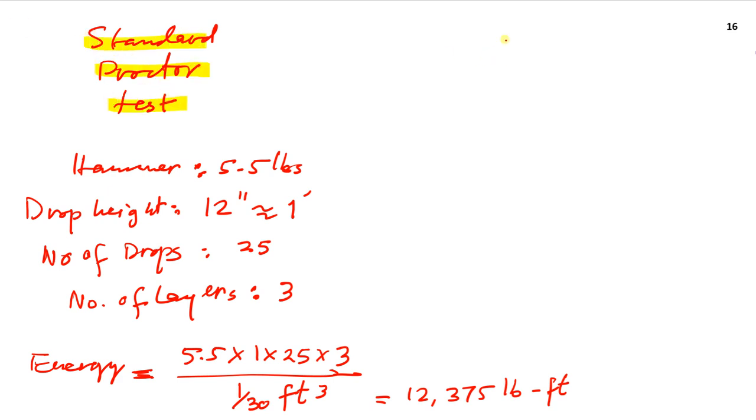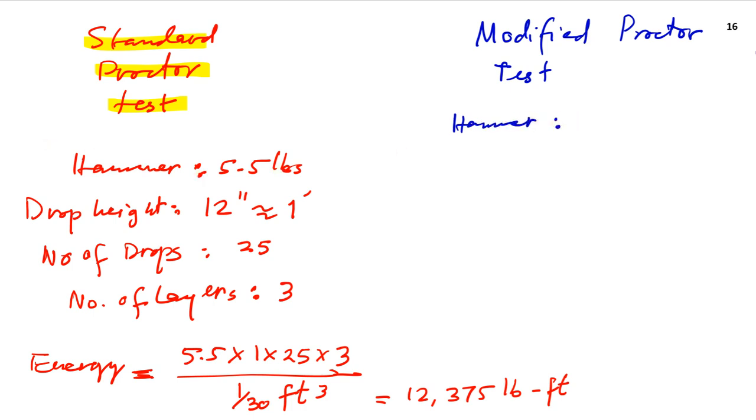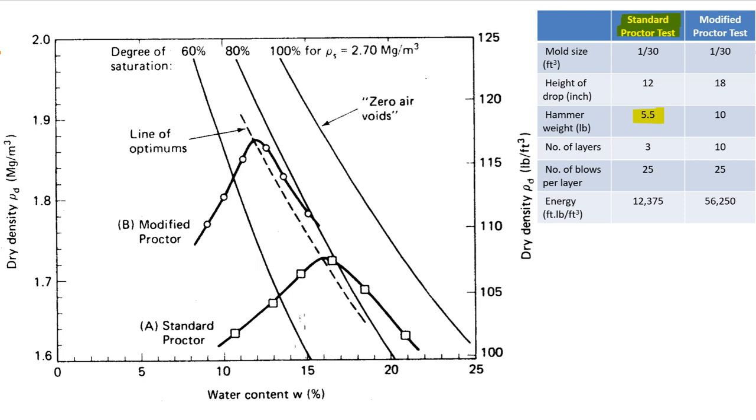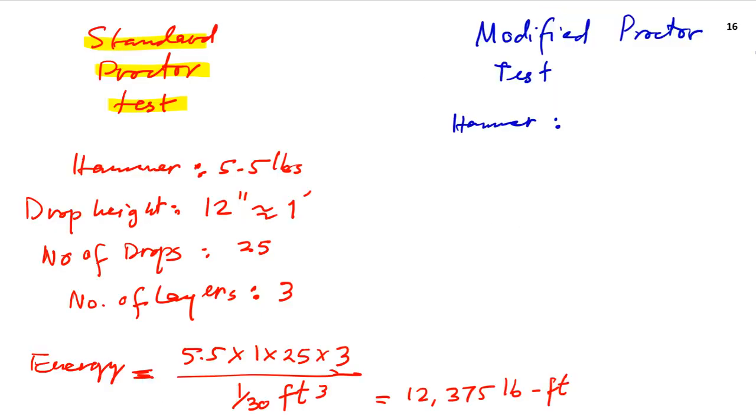Now, the second test is called the modified Proctor test. In the modified Proctor test, we are going to use a hammer of 10 pounds.